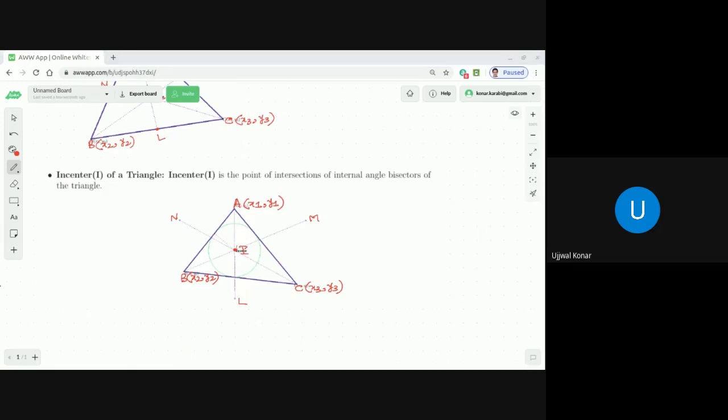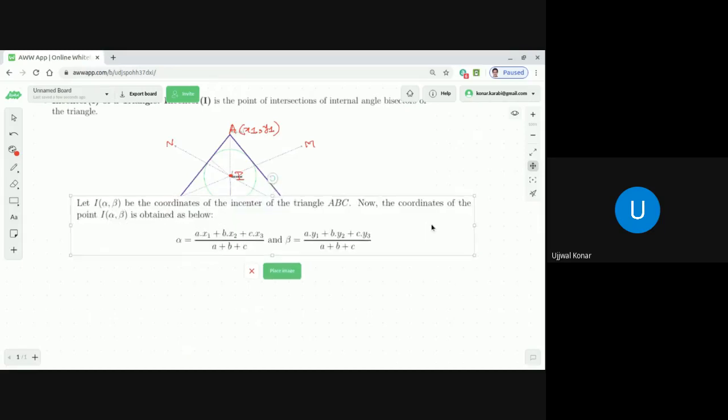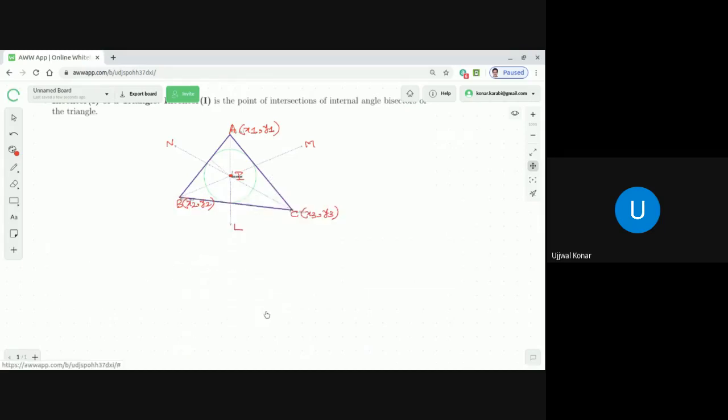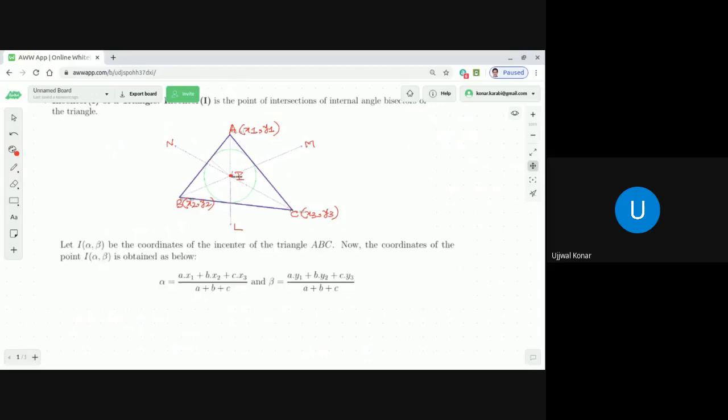If we assume that alpha comma beta is the coordinate of the incenter, we can find the value of alpha and beta in terms of x1, y1, x2, y2, x3, y3. So let I(alpha, beta) be the coordinates of the incenter of the triangle ABC.